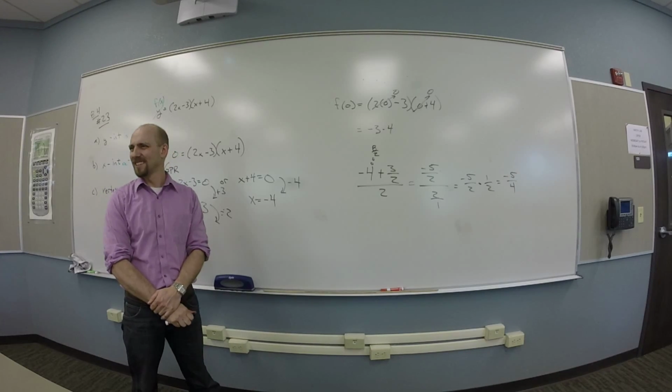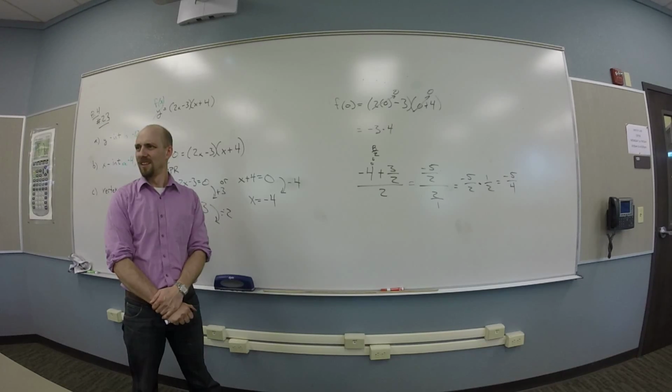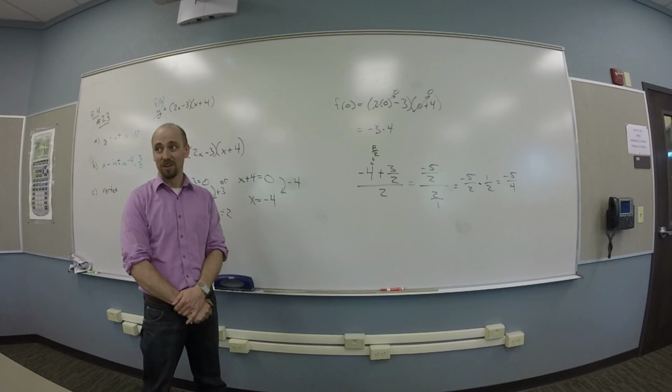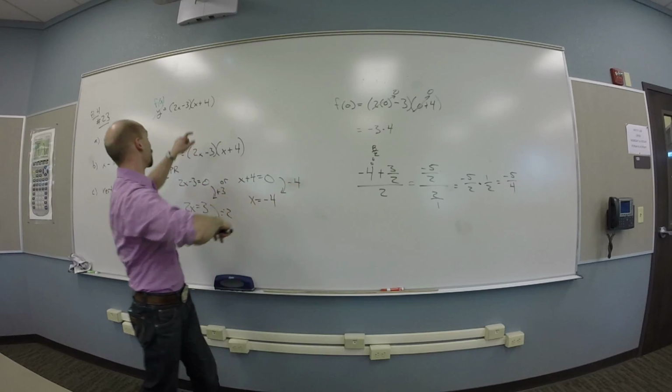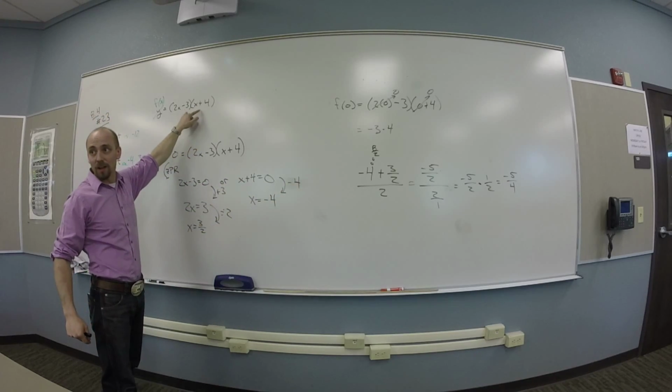Instead of vertex? No, that's the x. Okay, but what's a vertex? A vertex is a point in the xy plane, right? That's a number. So I should take that number and plug it in here to get the y value.